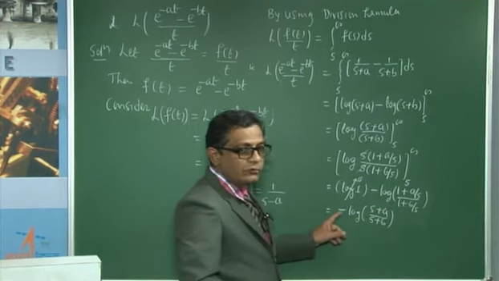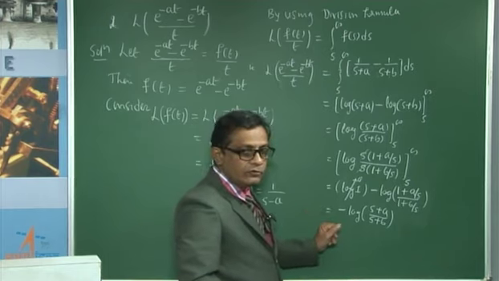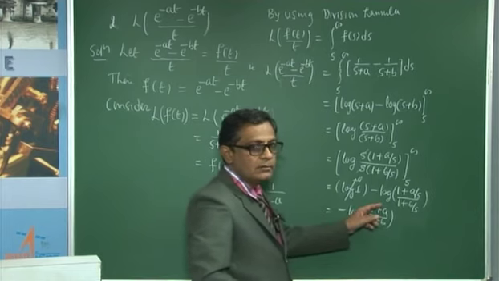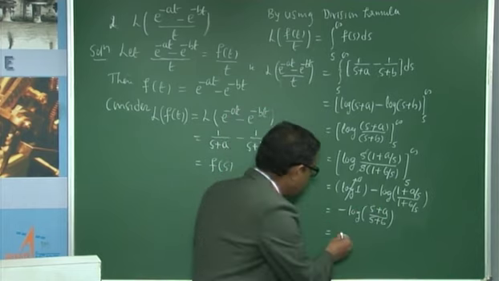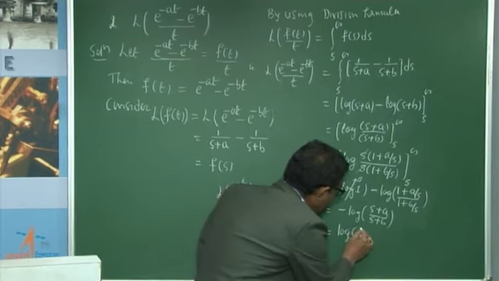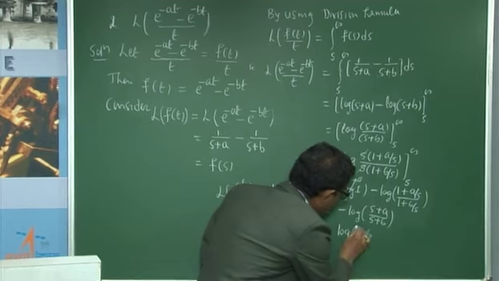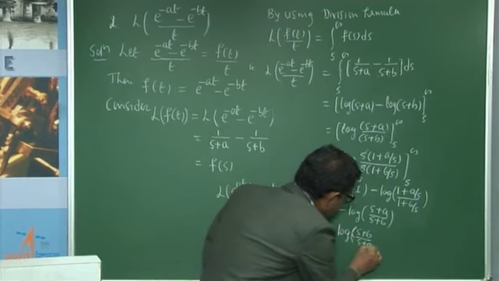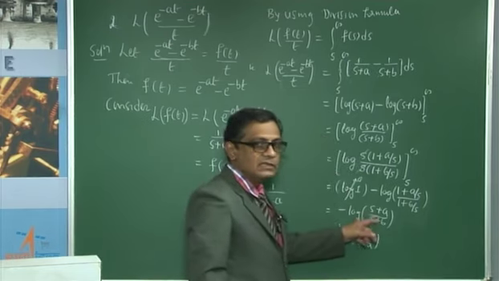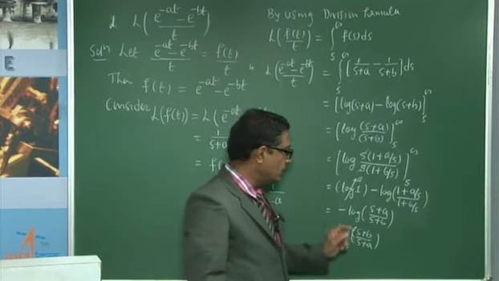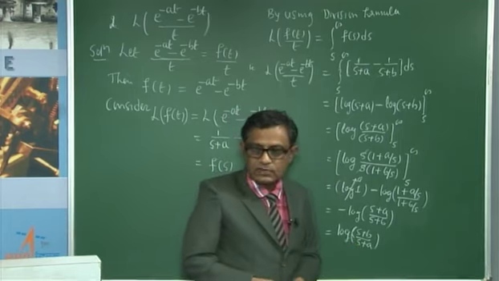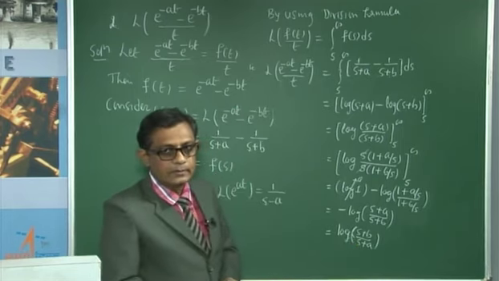Here it is a negative sign. Usually we will avoid the negative sign at the end. Again by using log m minus log n, you can write it as log of s plus b divided by s plus a. You can write minus as plus, just interchanging the numerator and denominator, log of s plus b by s plus a. This is your second example.